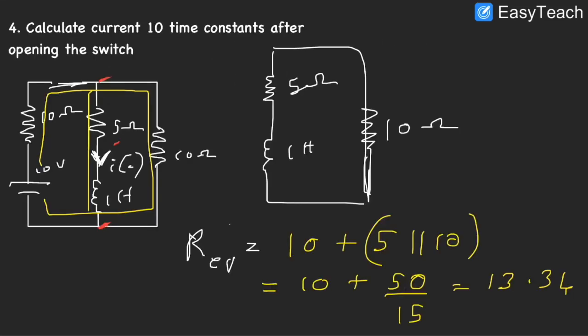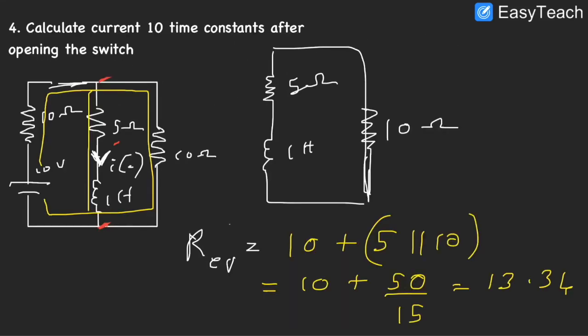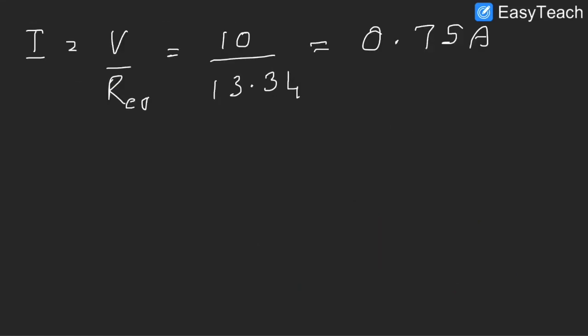But we still don't know the current flowing in this inductor branch. To find that, we're going to find the voltage across these 2 points that I've marked here in red. That voltage is found using the voltage divider rule.